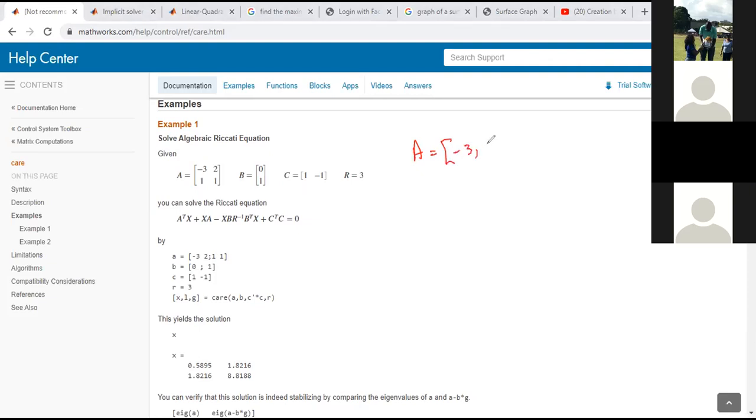And 3. So as it is, 3, 2, 1, 1, exactly as they have it here. All right, I'm going to write it.